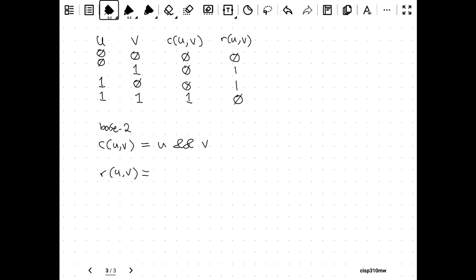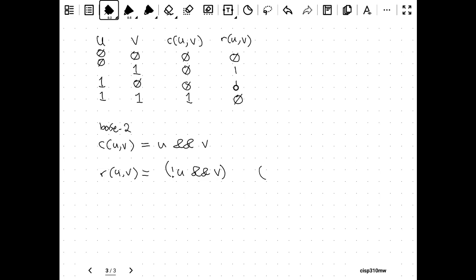So you go like, okay, what about this? If I negate U first and then AND it with V, that would be true only when U is false and V is true. Does that make sense? Okay, so that takes care of this one over here.